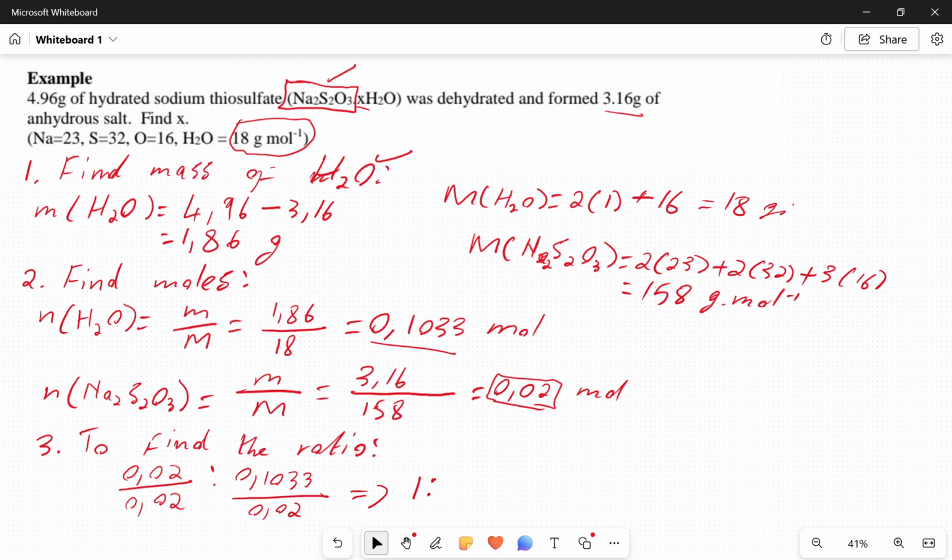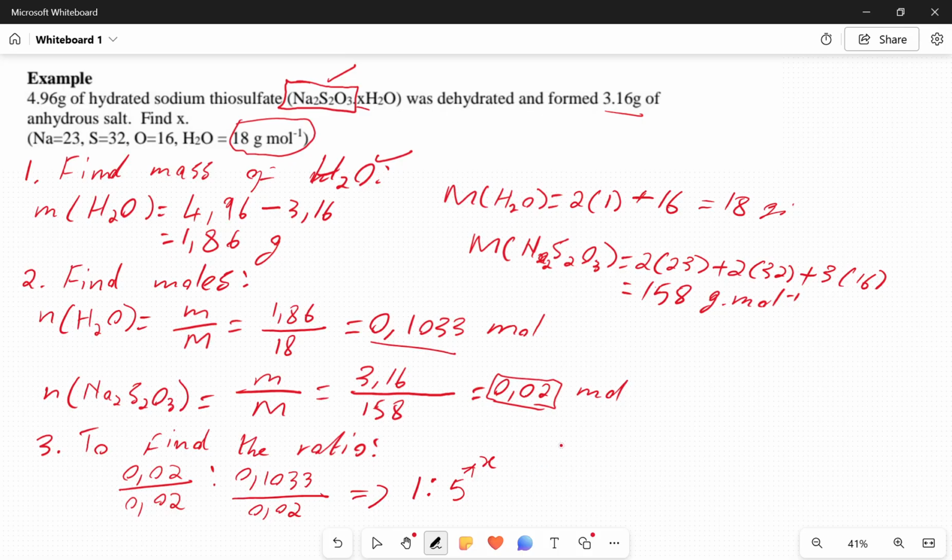Let's see what it gives. So it's 0,1033 divided by 0,02, and the answer I get is 5,16, but I'm just going to take the whole number of 5. So my ratio is 1:5. This big number here represents my x.